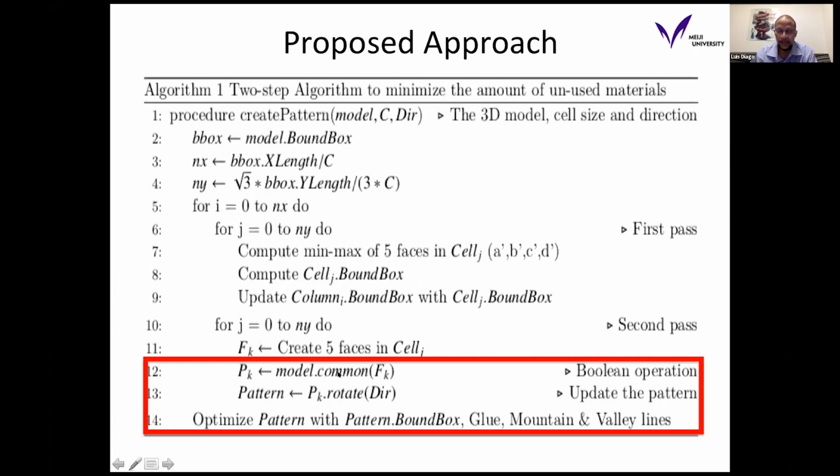I mean, in this step, we have the intersection of the model, which all these faces we have already calculated. We can calculate the points in this surface, and from these points we can make some rotation in order to receive the initial pattern. After we have this initial pattern, we optimize the pattern based on this bounding box to assign the gluing, mountain and the valley lines.